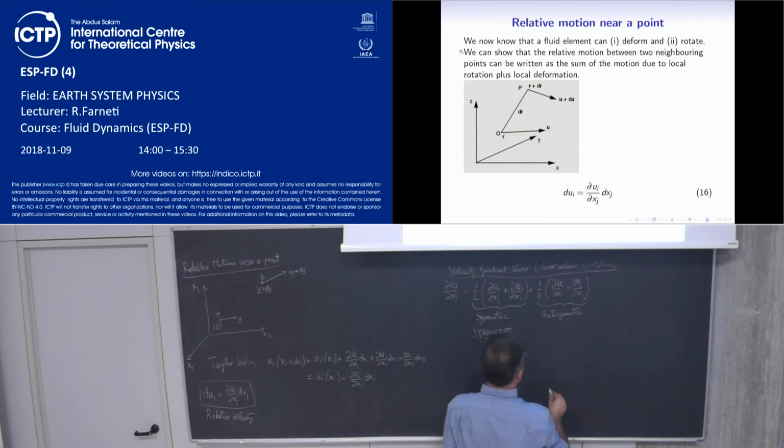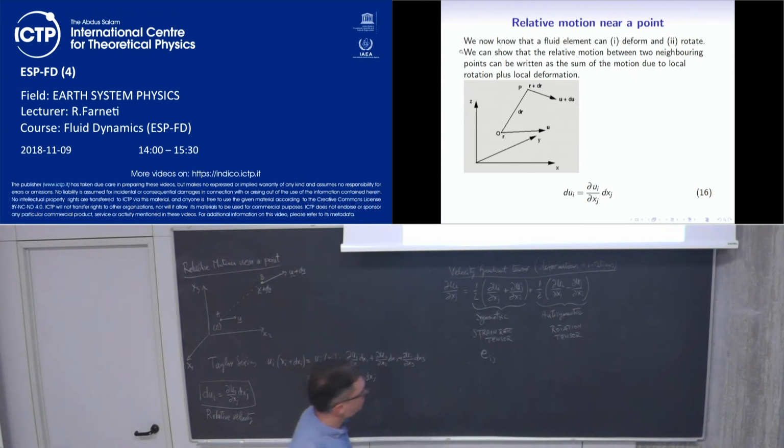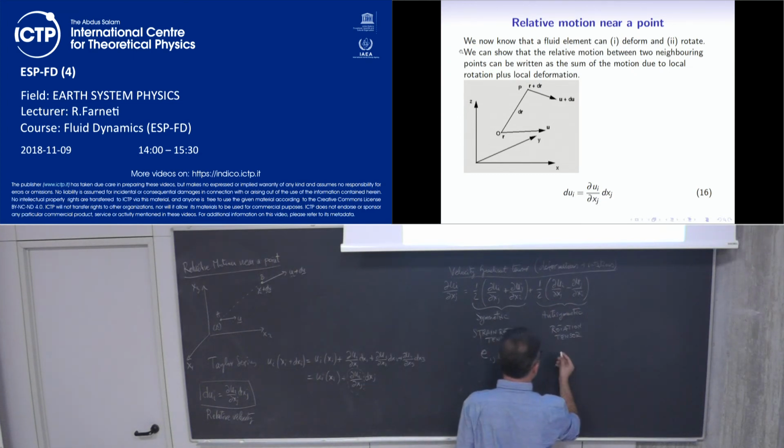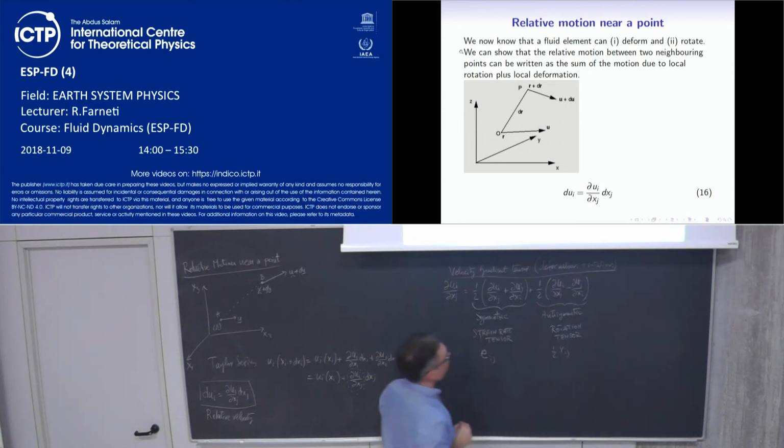And the antisymmetric tensor is actually the rotation tensor, or actually half of the rotation tensor. So in the velocity gradient tensor, you have the strain rate tensor and you have the rotation tensor. So the velocity gradient tensor tells you everything about the deformations and the rotations, if you write it that way.